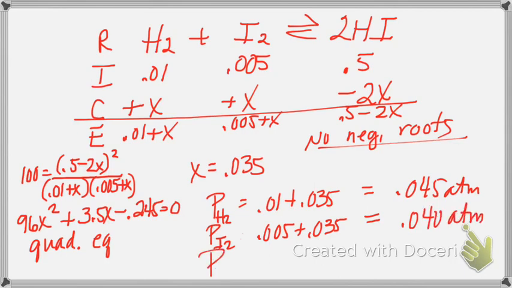And then the partial pressure of hydrogen iodide, because it's a gas, it's not actually acid, is 0.5 minus 2 times 0.035 because of the 2x, which is 0.43 atmosphere.